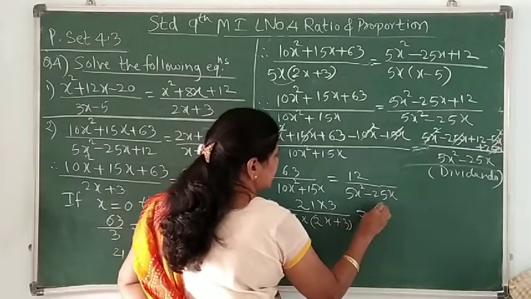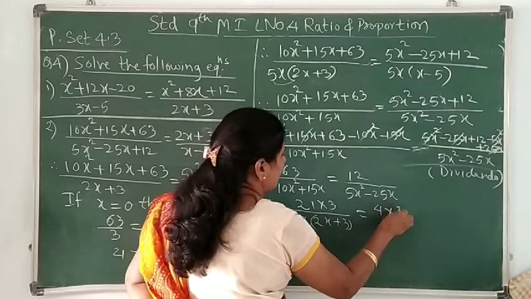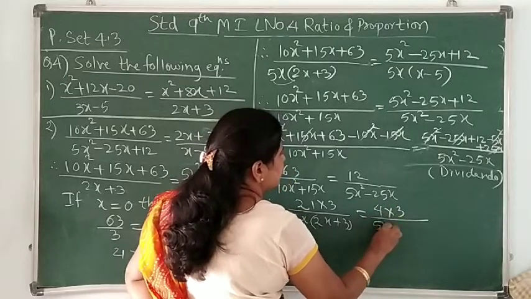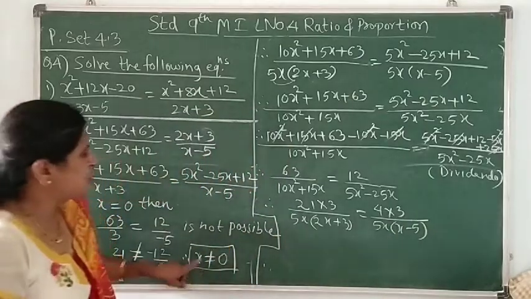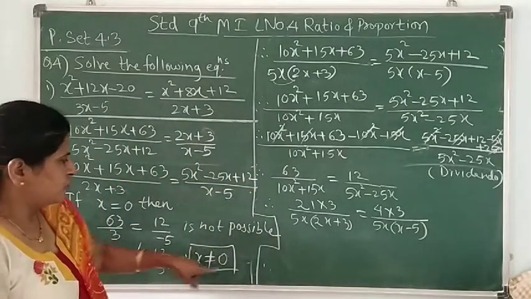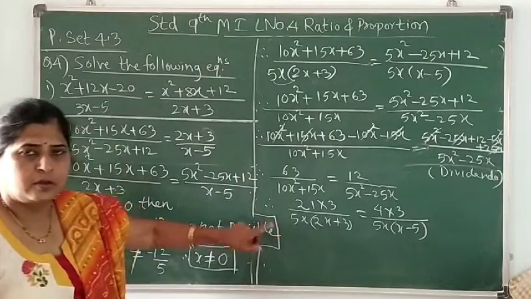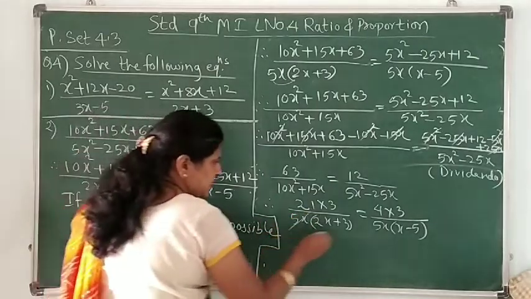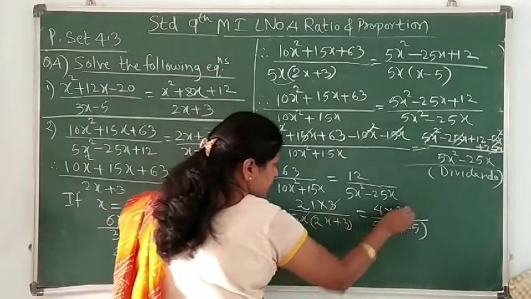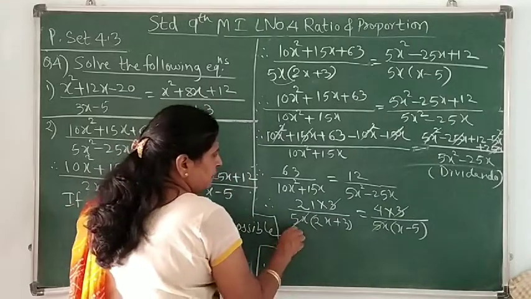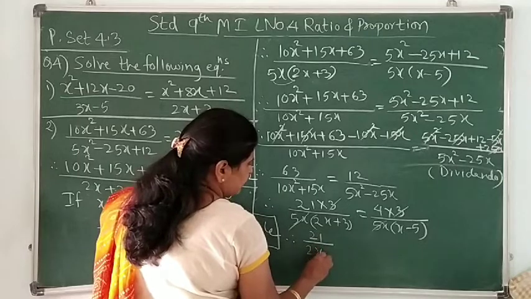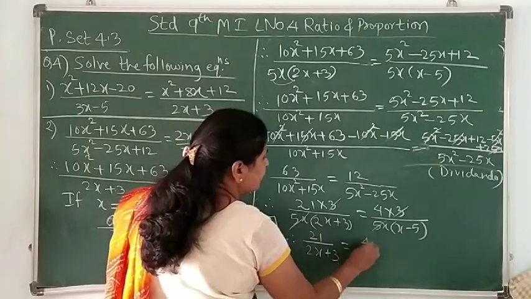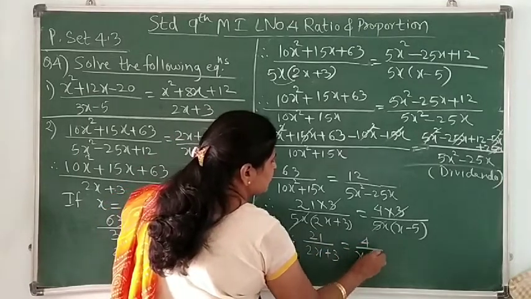And here 5x taken common, (x − 5). Now as we know that x is not equal to 0, 5x is also certainly not 0. That's why we can cancel this 5x from both, and this 3 also gets cancelled. So here we get 21 upon (2x + 3) is equal to 4 upon (x − 5).